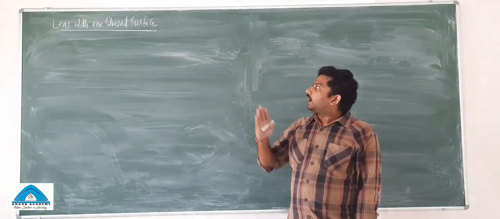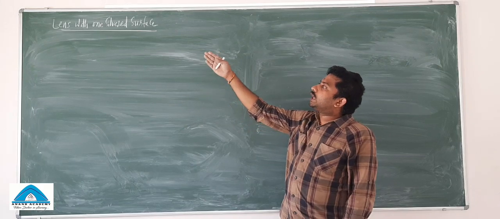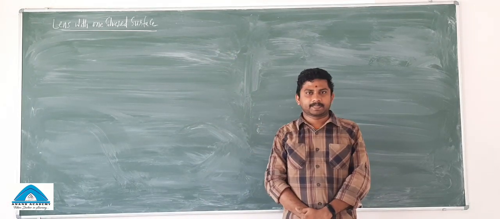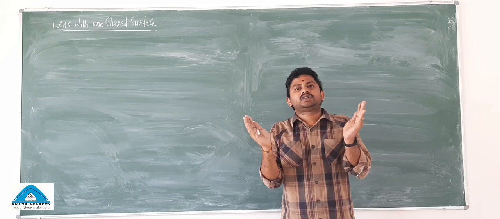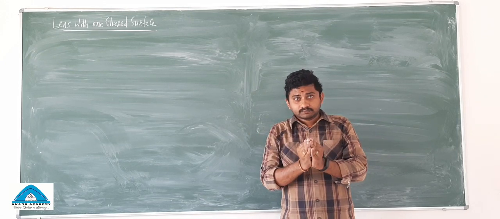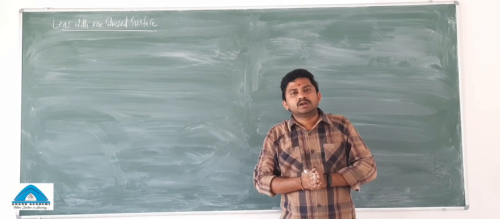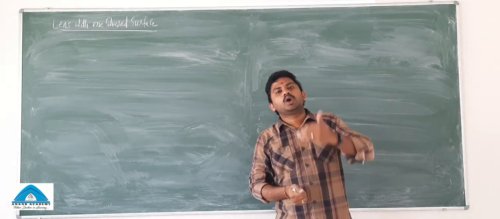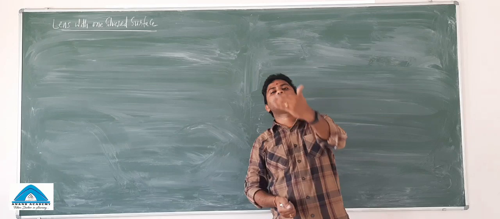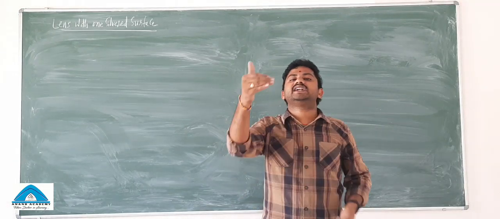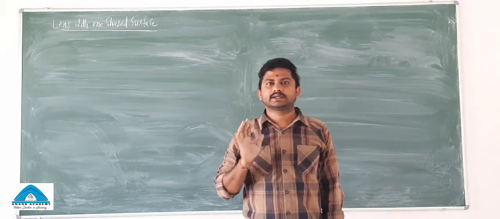Now, lens with one silvered surface. We have combined two lenses. What was the formula we have got to find the effective focal length? 1 by f is equal to 1 by f1 plus 1 by f2. If three lenses are there, it is plus 1 by f3. It goes on like that.